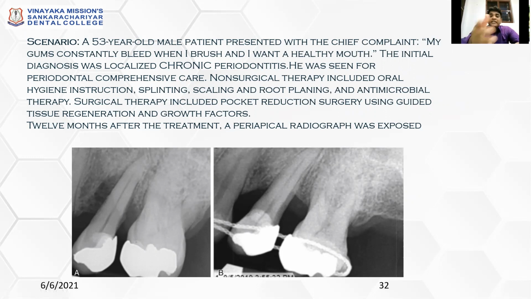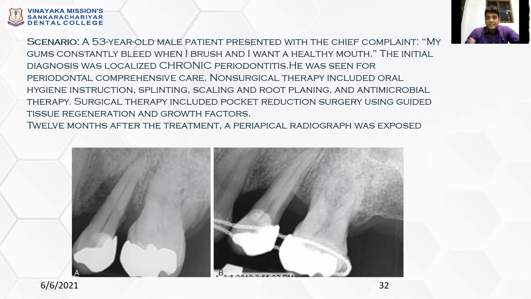So what do you think about the individual tooth prognosis of that tooth? Here, as I said, the prognostic assessment chart: favorable, questionable, unfavorable, or totally going for extraction. So which one is favorable or questionable? Here, there was a defect, so it should be questionable until splinting was done.